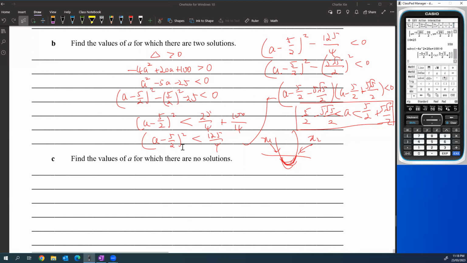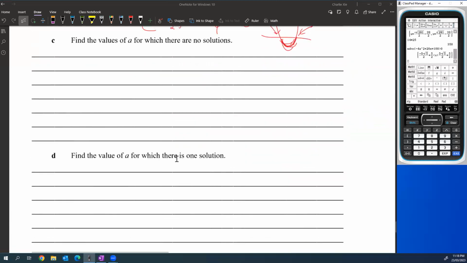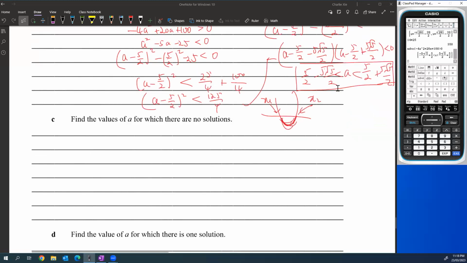All right, now C and D will be really quick because we have already found the x-intercepts. No solution, so that's the two outward parts, this one and that one, right? No solution is where your discriminant is less than 0.